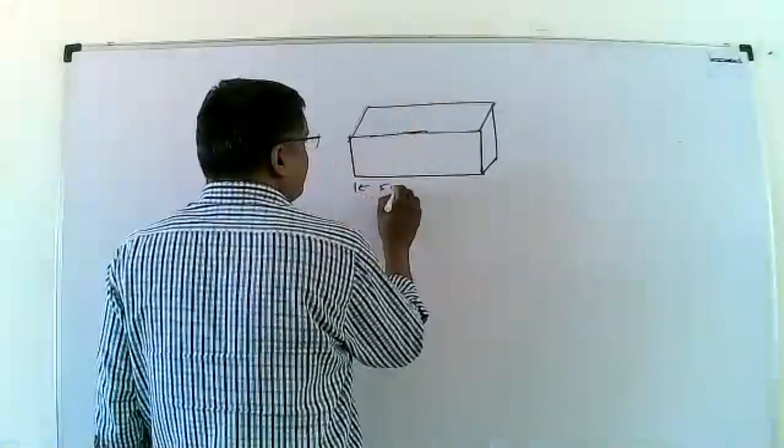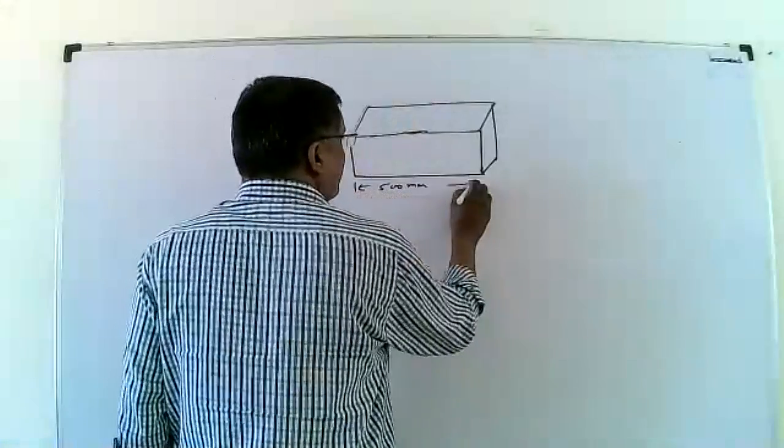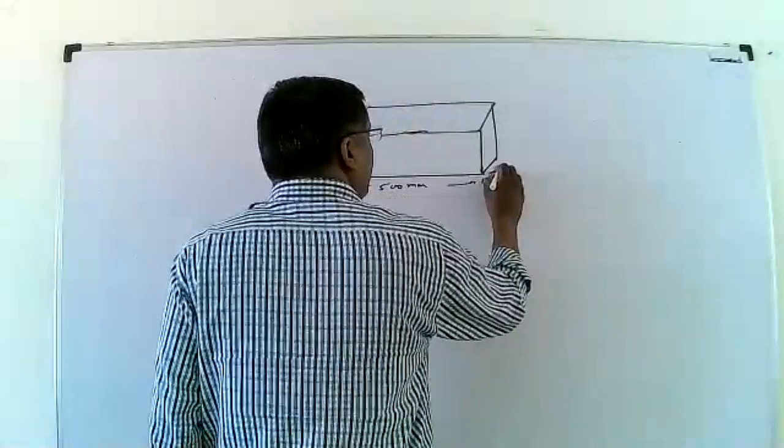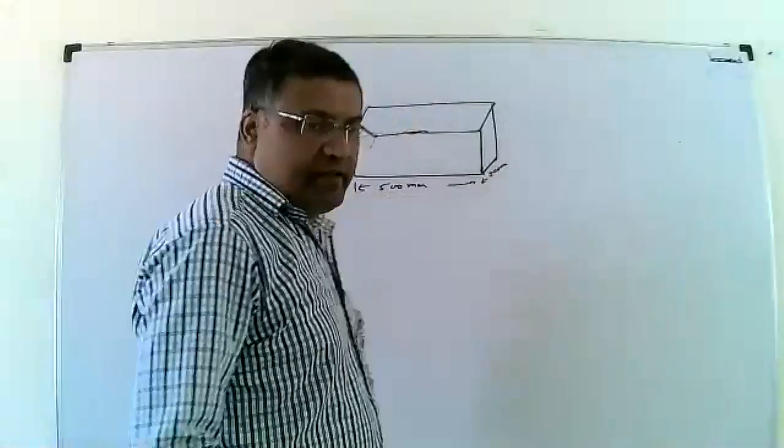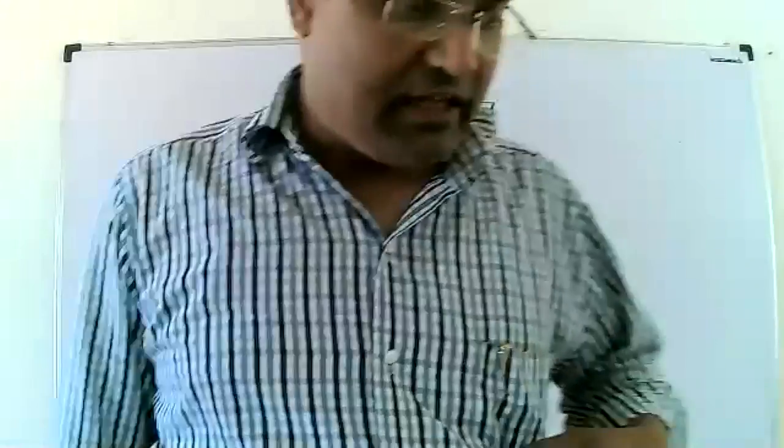This is 500. Diagram is given, 300. Then three different tensile force, two tensile force and one compressive force act.